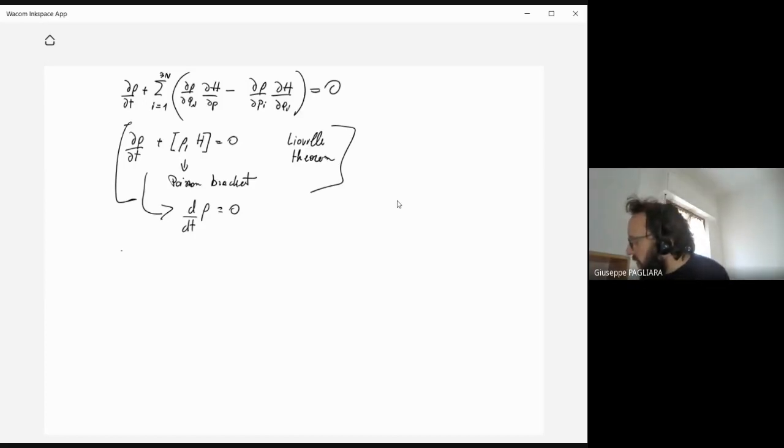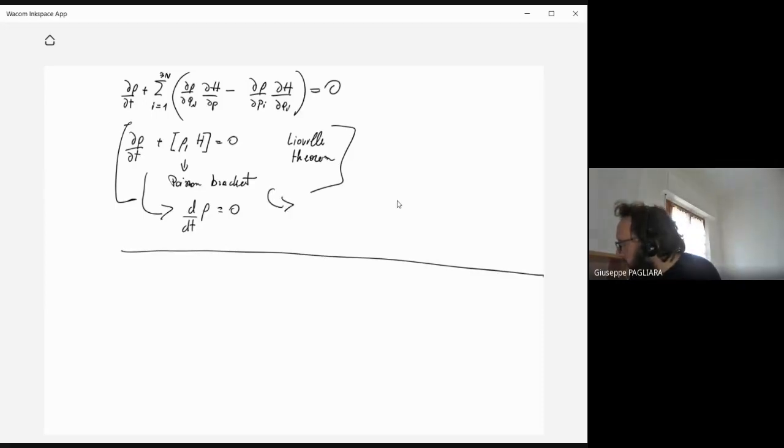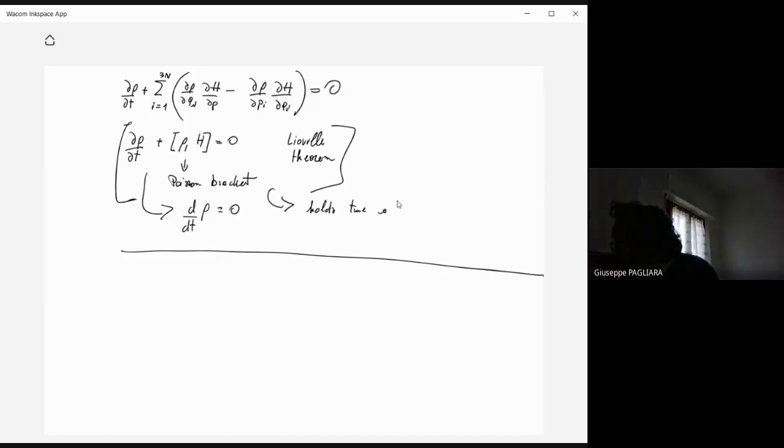And this is general, okay? This equation is general, so it holds true in general. That means equilibrium, but also non-equilibrium situations.